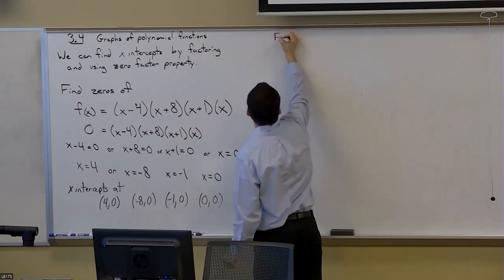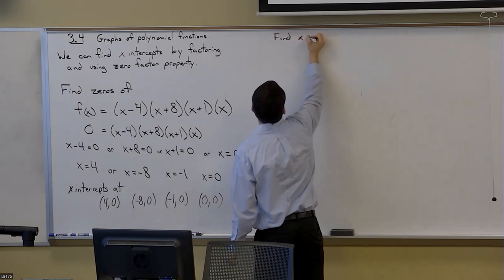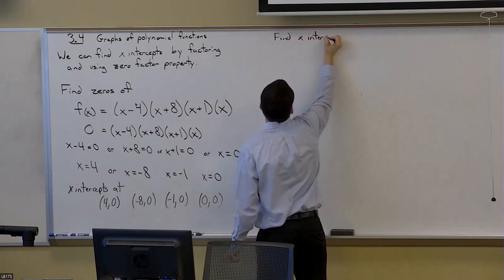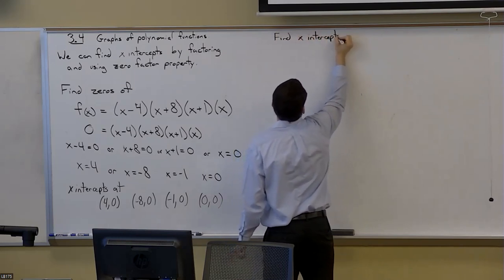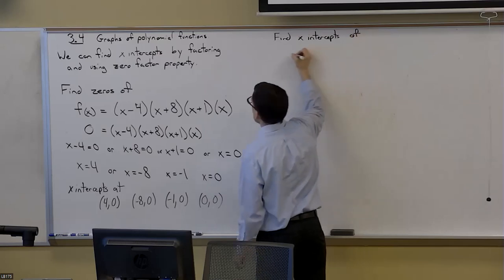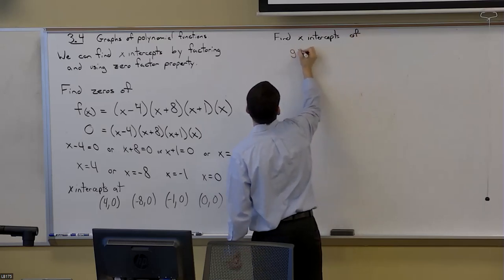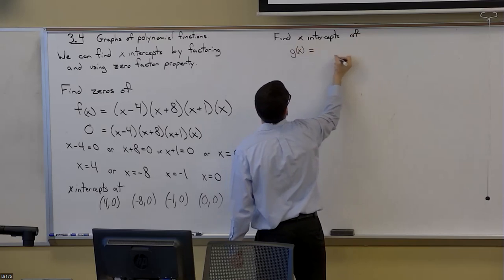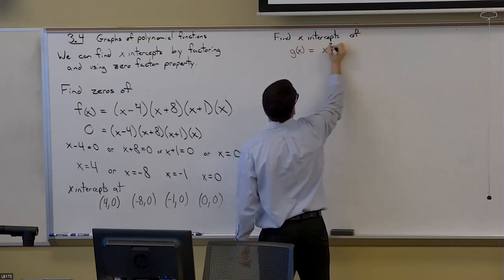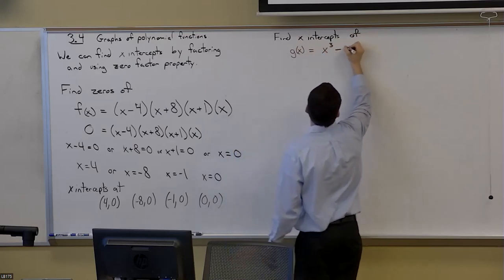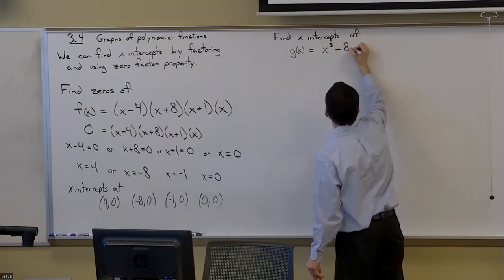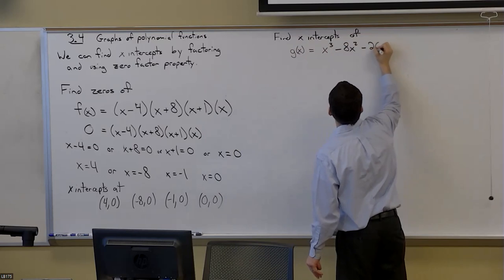Let's do another. Let's find the x-intercepts of, we'll call it g of x equals x to the third minus 8x squared minus 20x.